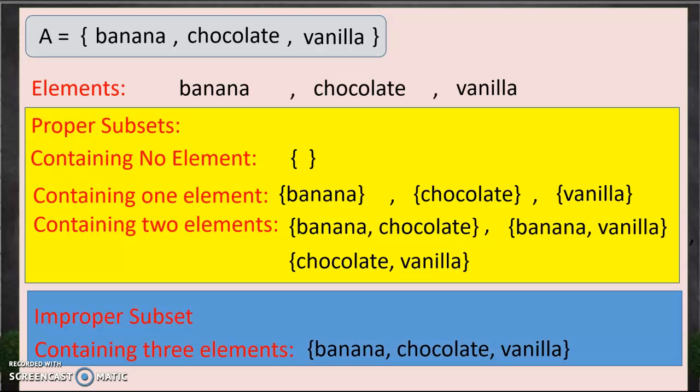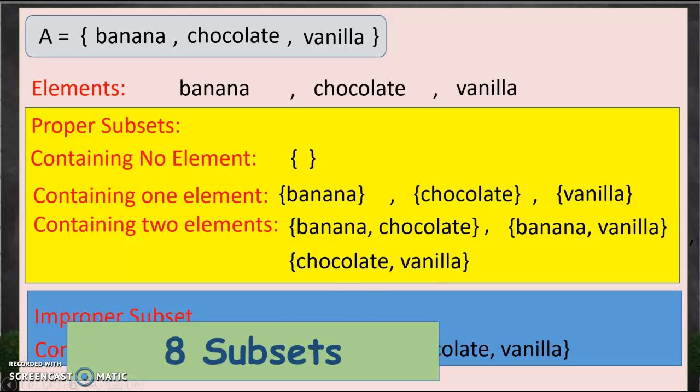So let us count all the subsets. 1, 2, 3, 4, 5, 6, 7, 8. So there are 8 subsets of this set A with 3 elements, if you write down from 0 elements up to the one with 3 elements.